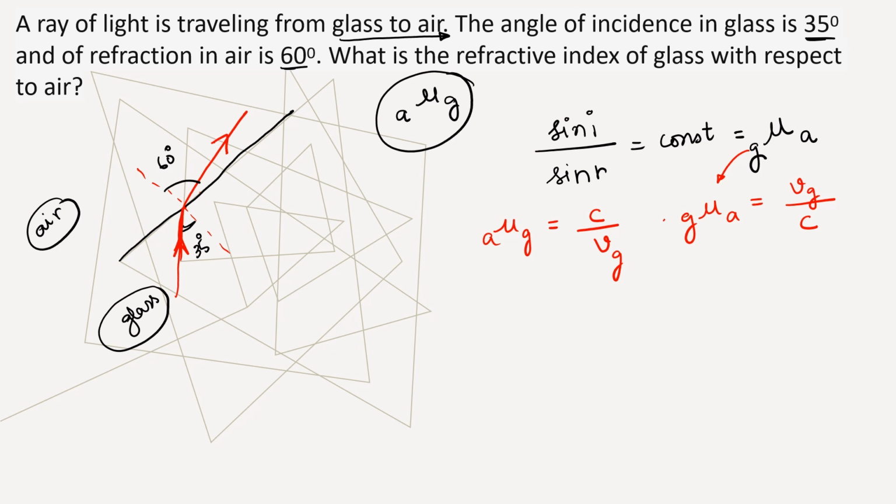So here we are writing glass with respect to air, hence speed of air is in the numerator and velocity of glass is in the denominator. Similarly, here we got air with respect to glass, hence the velocity in the numerator will be of the glass and denominator will be this. Now what is the difference between the two? Both look reciprocal of each other, isn't it?